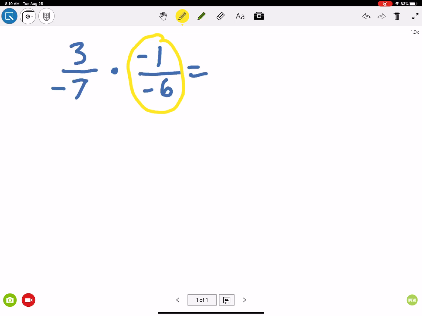Well, a negative divided by a negative is just a positive. So I can rewrite this problem. I can rewrite it as negative 3/7. Now, does it matter where I put the negative, whether I put it next to the 3, the 7, or next to the fraction part? No, because the whole thing is negative. If I want to keep it next to the 7, great. Otherwise, I could have put it anywhere, and it would not have changed anything in terms of my outcome.